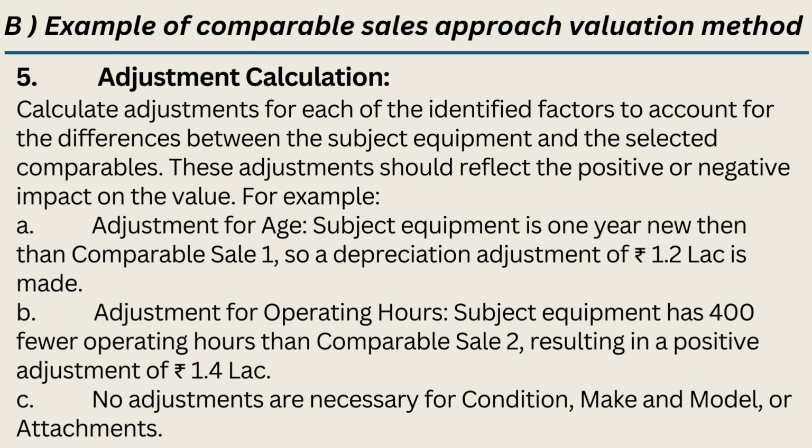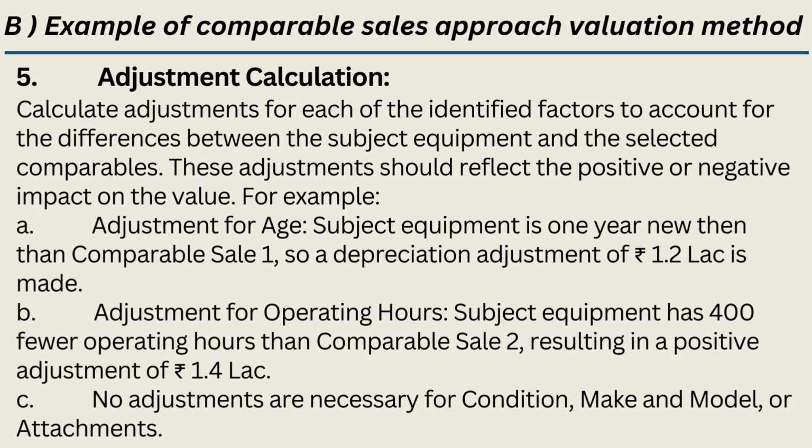5. Adjustment calculation. Calculate adjustments for each of the identified factors to account for the differences between the subject equipment and the selected comparables. These adjustments should reflect the positive or negative impact on the value. For example, A. Adjustment for age, subject equipment is 1 year newer than comparable sale 1, so a depreciation adjustment of 1.2 Indian rupees lakh is made.